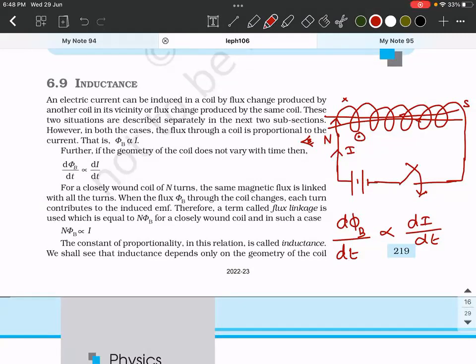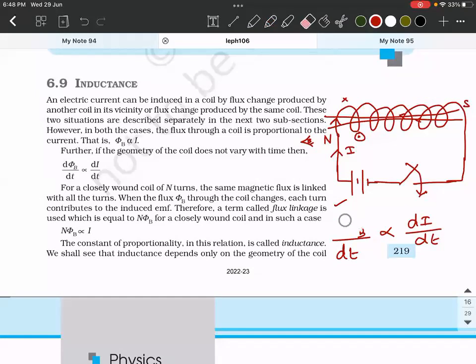But what are we having here? We have only one coil, and that coil is generating magnetism. And due to its own magnetism, there is a change in flux taking place because of the increase in the value of current. Is it right? Right? So can I say that the change in flux that is taking place is happening due to the change in the value of current that is taking place.